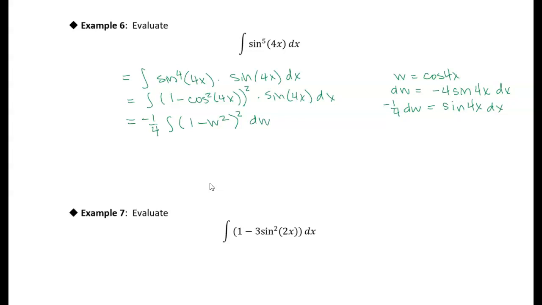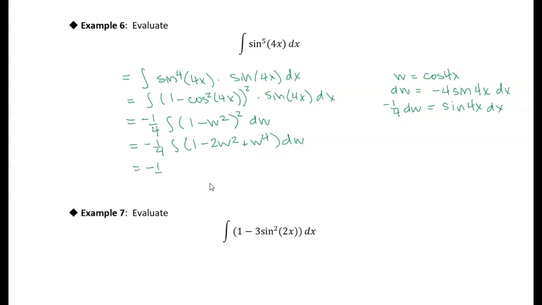All right, so I want a polynomial, so let's expand this square. Copy down the -1/4, and then when I square this, I'm going to get 1 minus 2w squared plus w to the fourth dw. Okay, now it's a polynomial, and that's easy to work with.